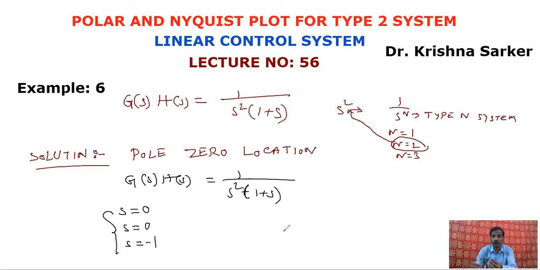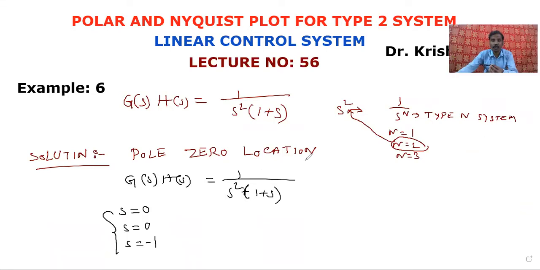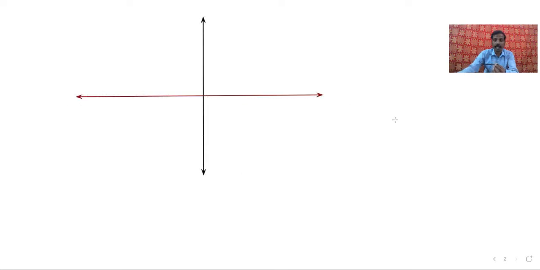Then plot the pole positions. This is the imaginary axis or y-axis, and this is the real axis.